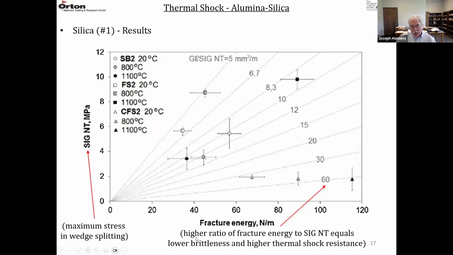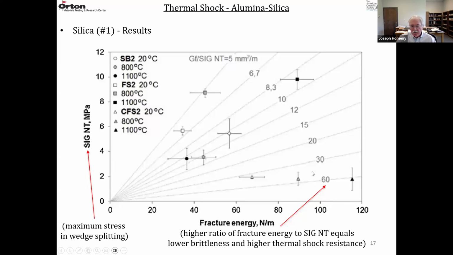So what they're looking at here is a brittleness ratio. So the higher the ratio of fracture energy to this maximum stress in the wedge splitting experiment equals lower brittleness and higher thermal shock resistance.